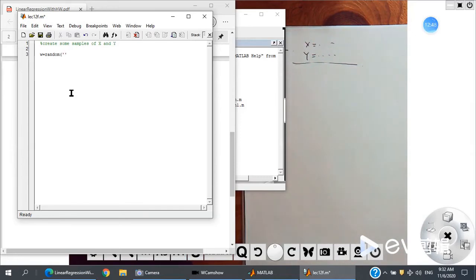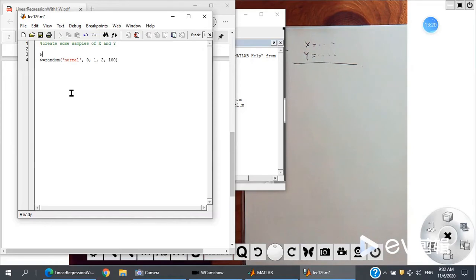You can put the name of your distribution, like the normal distribution, which is the Gaussian distribution, with mean 0 and variance 1. This is the standard one, right? And how many numbers do I want to put in W? I use 2 rows and 100 columns. Then I have 100 numbers.